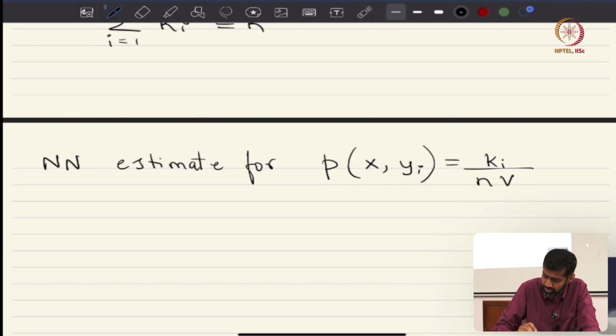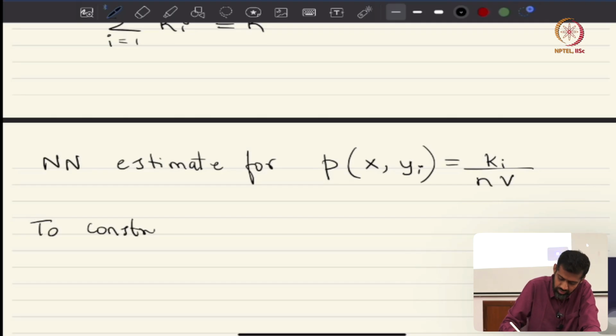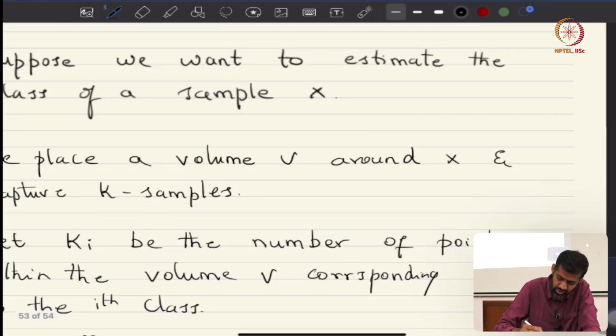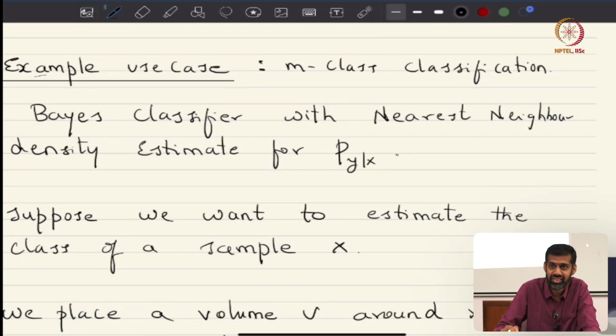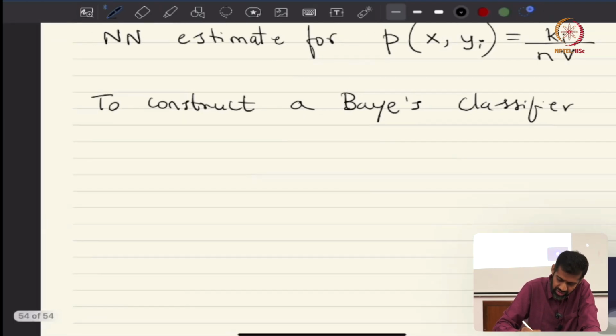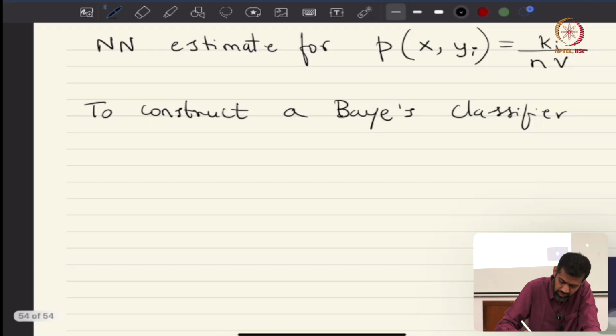Now, to construct a base classifier, this is a density estimate for p of y given x, not x given y, because the base classifier decides based on p of y given x. To construct a base classifier we need p of yi conditioned on x.